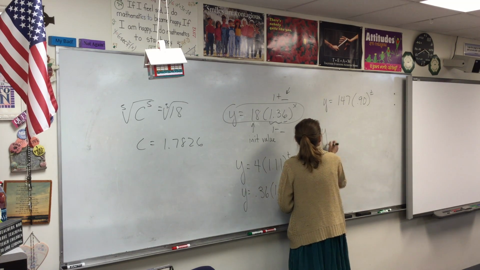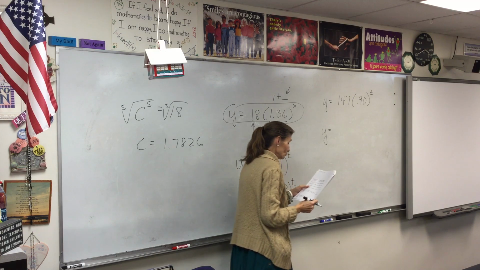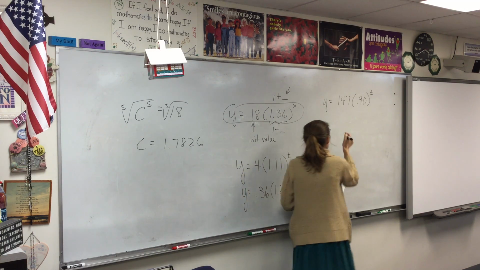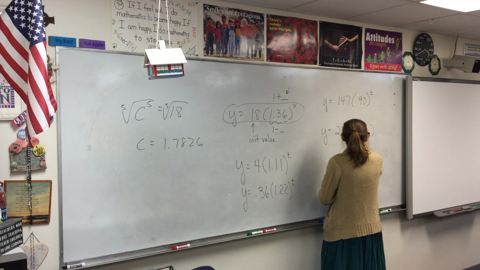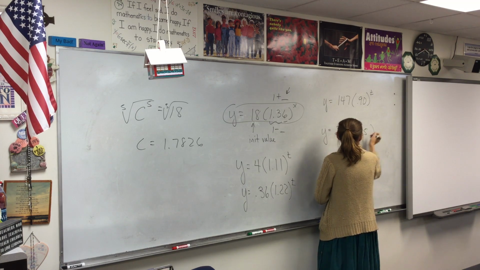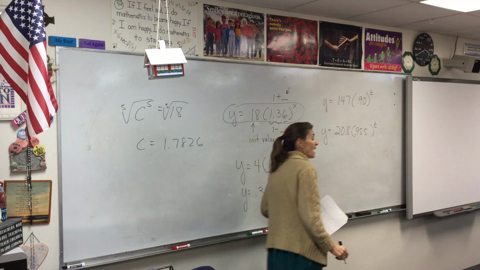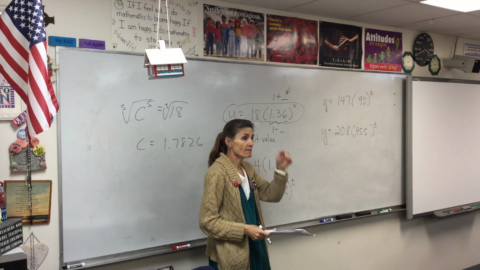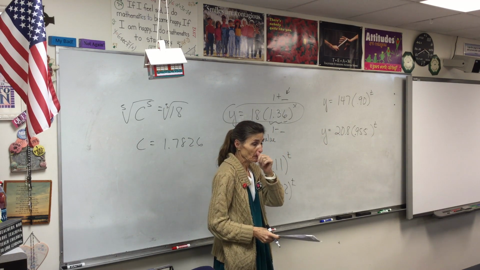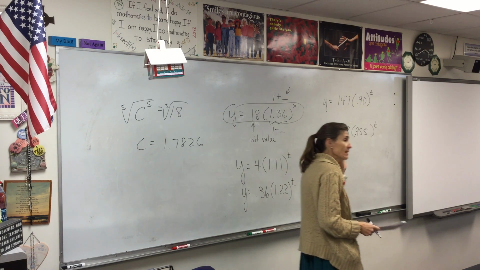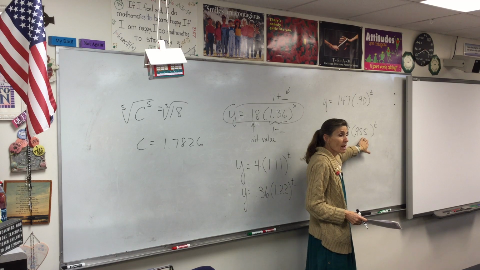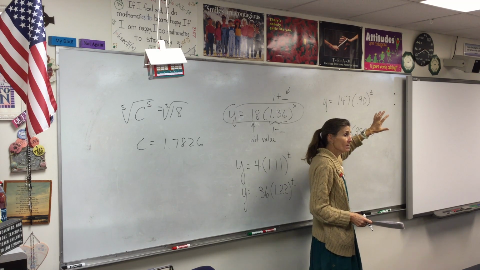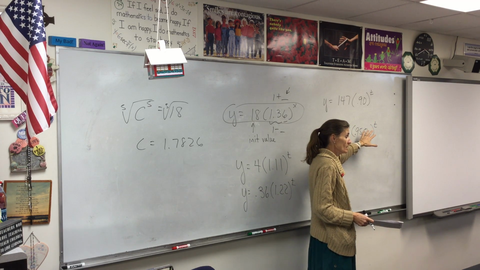How about d? 0.955. How did I get 0.955? From 100. Kids, this number tells you how much more than 1 or less than 1.